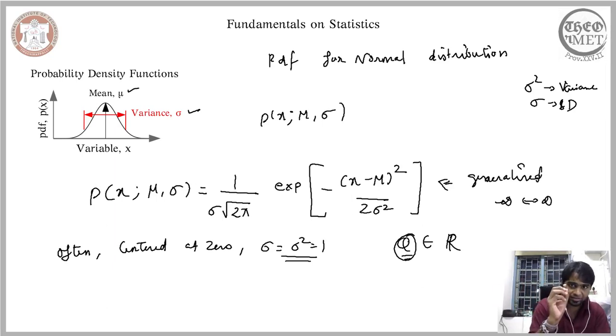In that case, the curve, the function, will be centered at 0. That means mu will be 0 and the standard deviation, or the variance, will be equal to 1.